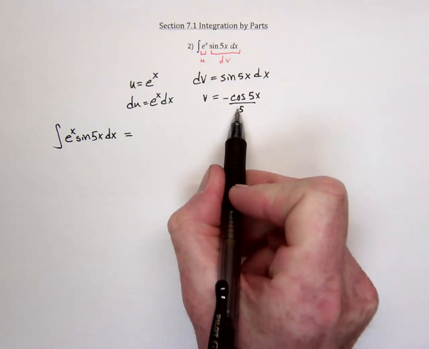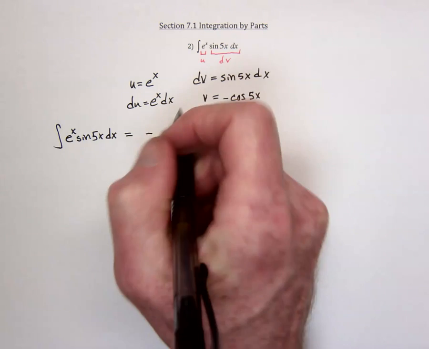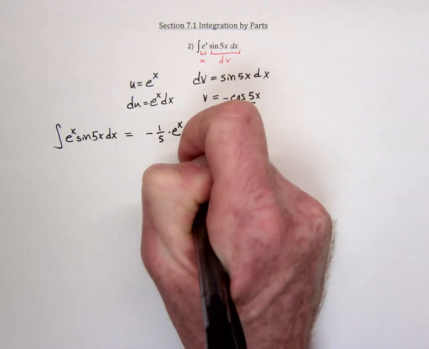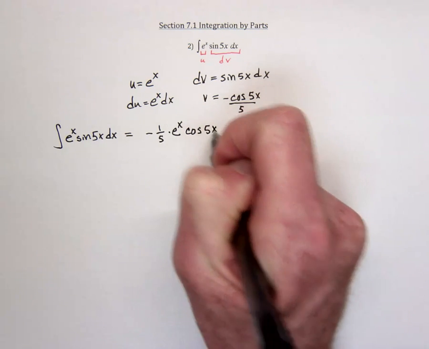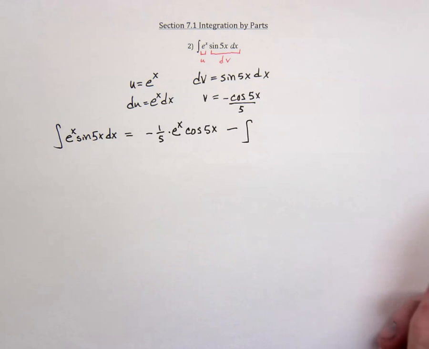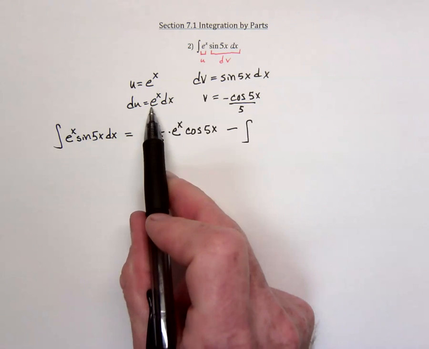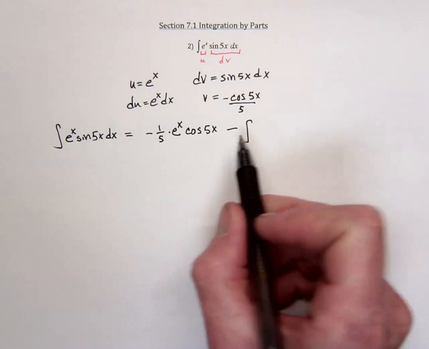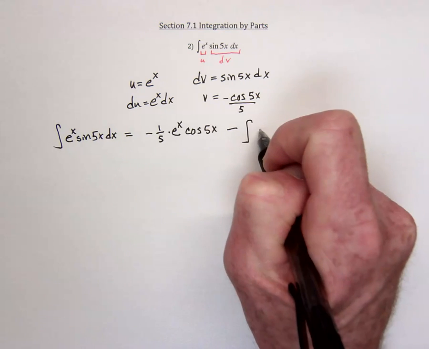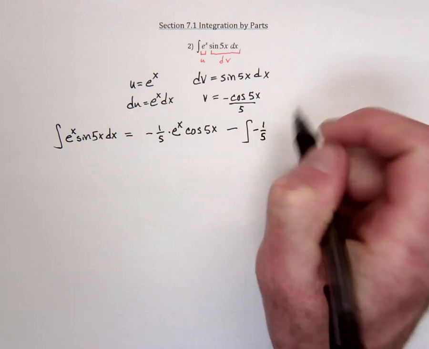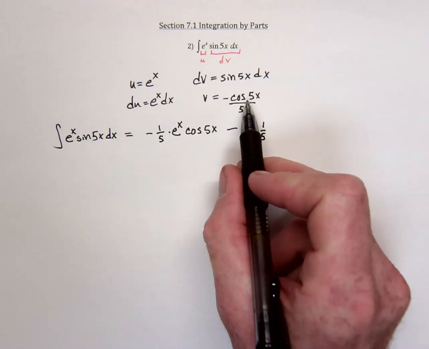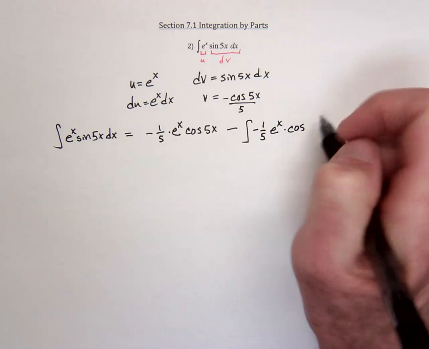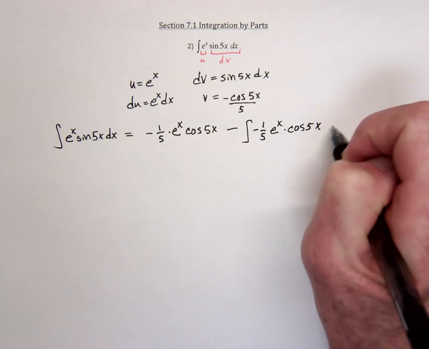So we'd have, I'm going to go ahead and factor the fraction out in front, negative 1/5, then the e function multiplied with cosine of 5x, minus, then the second part of integration by parts, it's the v times du, so multiply these two, and again I'm going to put the negative 1/5 in front, then multiply these two, and it's going to be e to the x times cosine of 5x dx.